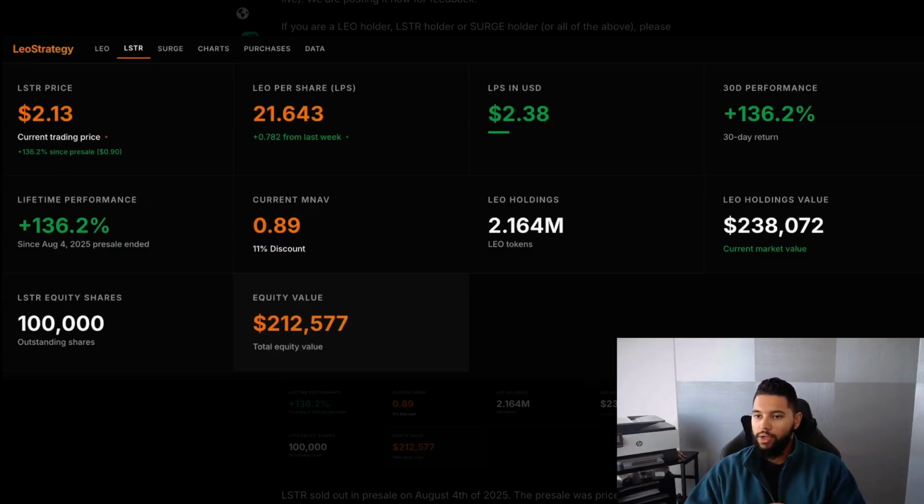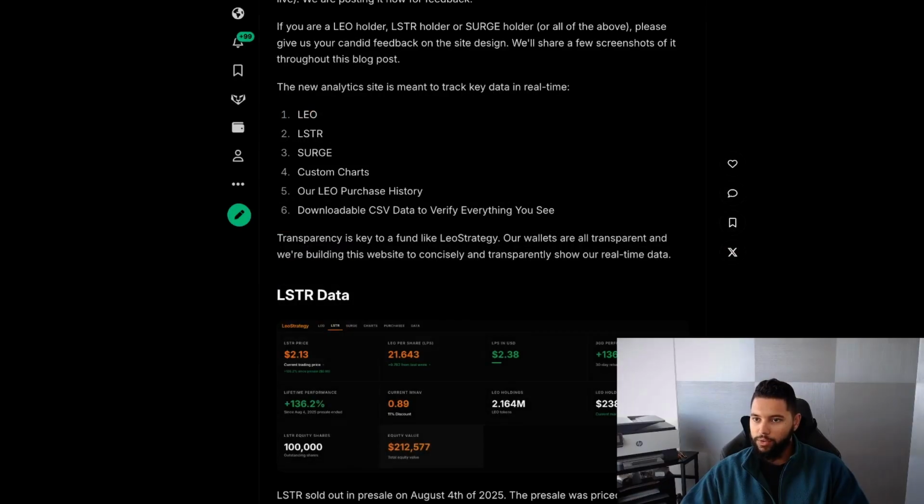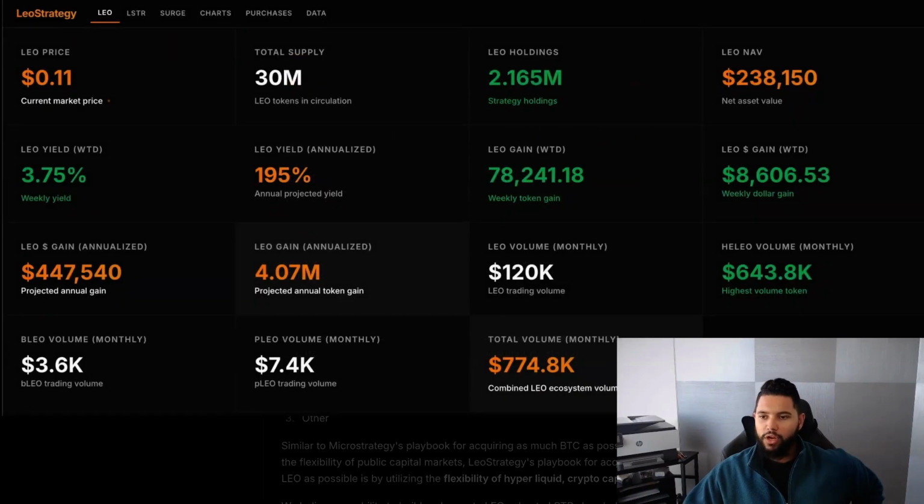So right now, if you go back to that previous slide, which I will do really quickly, look at the LEO yield, which is 3.75% a week. Now you should probably value LSTR based not only on the current net asset value, which would be 2.38, but you should also add in the fact that it's growing by 3.75% or more per week. If you add in that speculation on future LPS, that's how you get the MNAV premium.